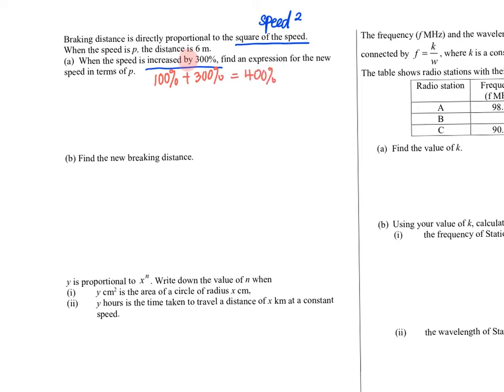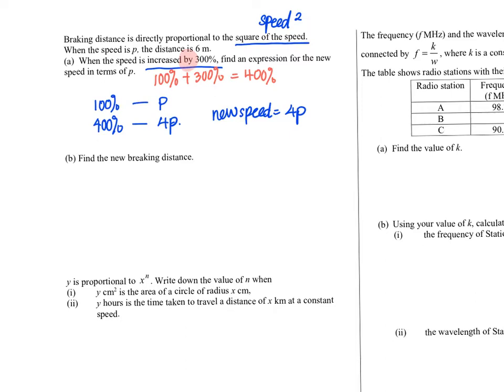Find an expression for the new speed. The original 100% is p. Now if I have 400%, that will be 4p. So the new speed is 4p.